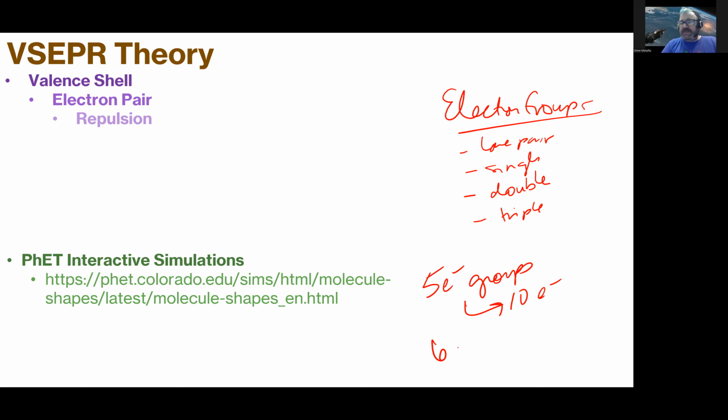And if we have 6 electron groups, it's going to be at least 12 electrons. In this class we are not going to deal with more than 12 electrons, more than 6 electron groups. But it is theoretically possible with bigger central atoms to have bigger geometries and more things there. We're just not going to talk about it.